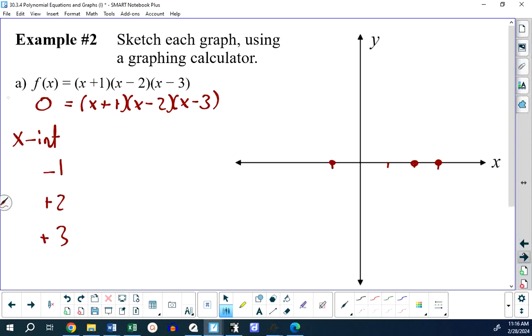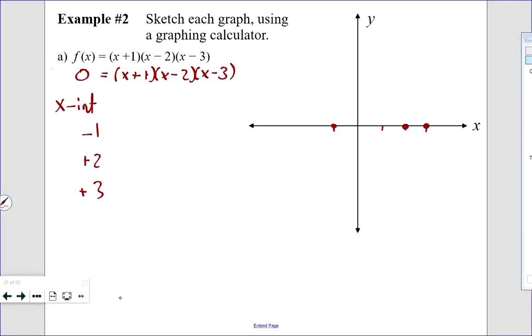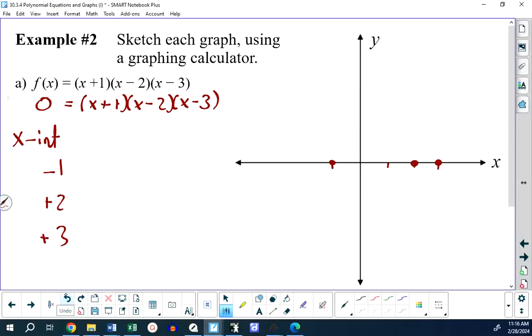Because if you expand this out, if you write it in expanded form, it's going to be f of x is equal to x cubed plus some stuff plus 6.